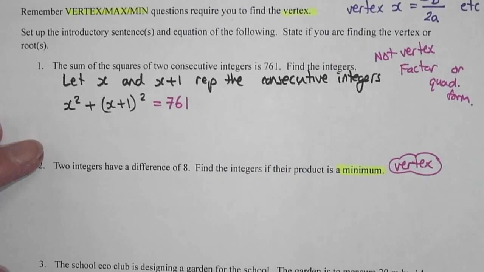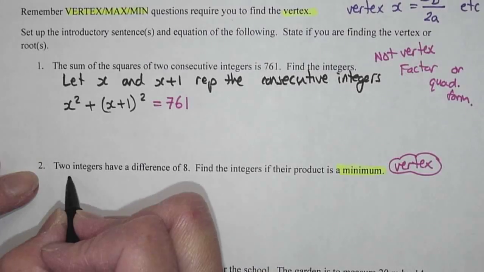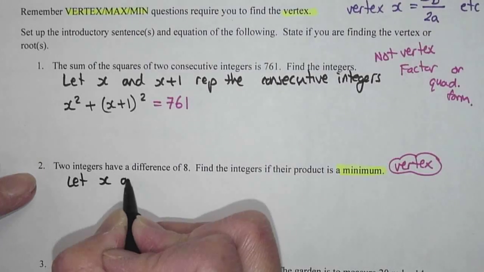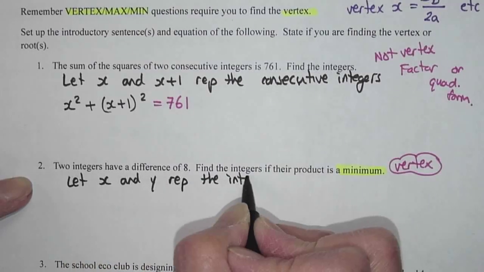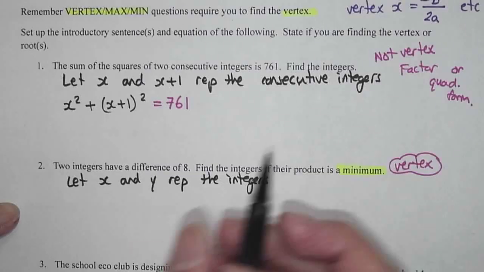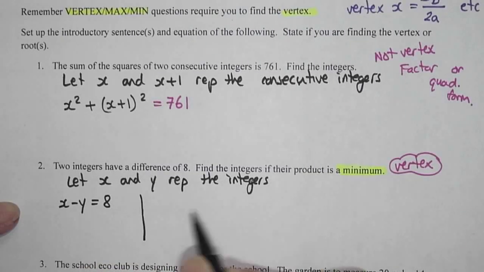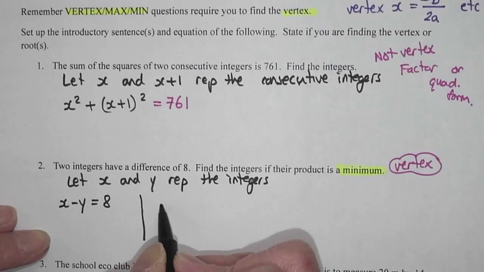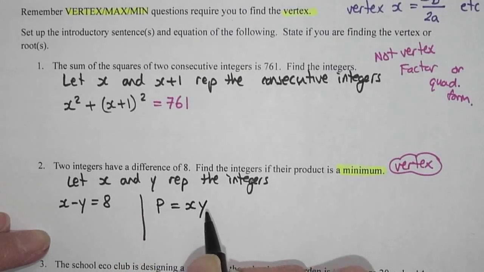For the next one, to contrast, two integers have a difference of 8. So I might say let x and y represent the integers. We know that x minus y equals 8, and then their product is a minimum, so their product is xy.